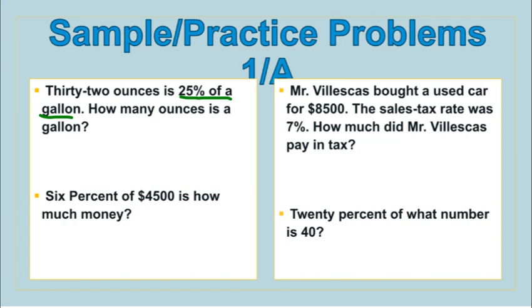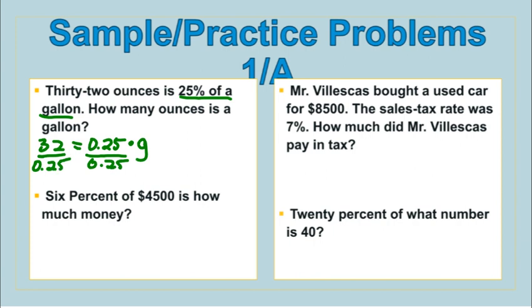So we can write this with an equation. 32 is, remember, means equals, 25%. I'm going to use the decimal 0.25. "Of" means multiplication, a gallon. We don't know the gallon, so I'm just going to put a G. So we're going to solve for G. To solve for G, I'm just going to divide by 0.25 on both sides.